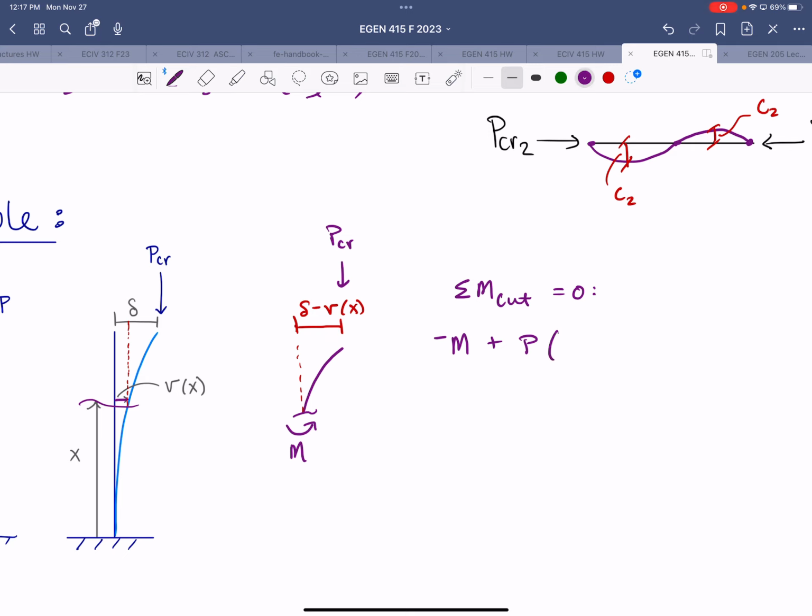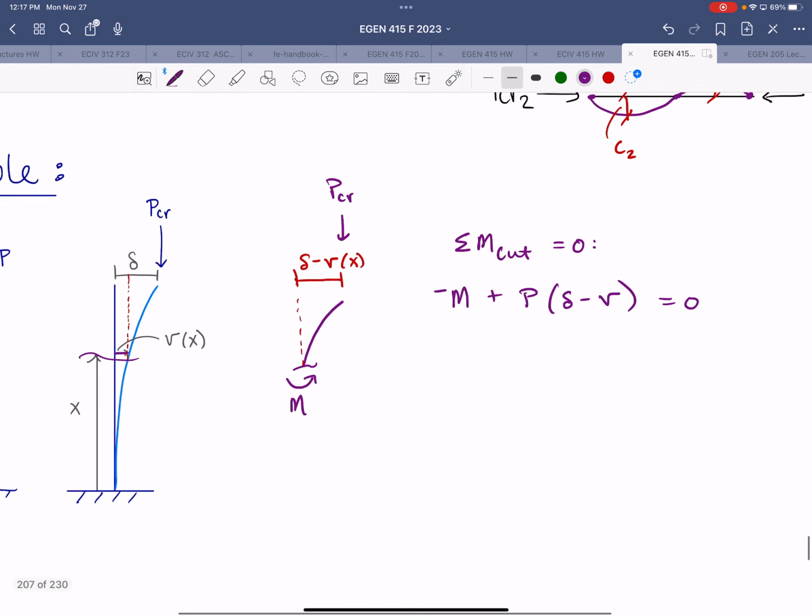So this distance is the moment arm from P critical to the cut, right? So P times its moment arm, which is delta minus V, has to be equal to 0. That's what equilibrium requires.